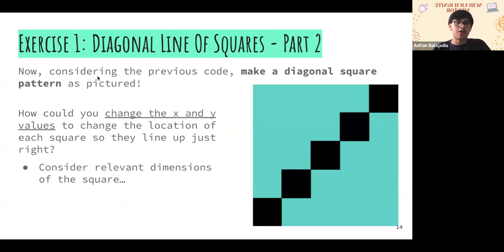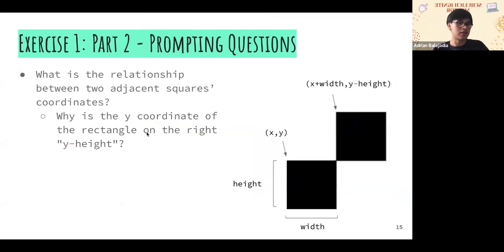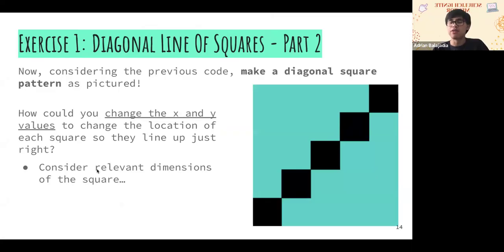And then after that, now consider the previous code, but the challenge is trying to make these squares sort of diagonal. So with that in mind, how could you change the x and the y values so that the locations of these squares line up like here? Just some food for thought, consider the relevant dimensions of the square.